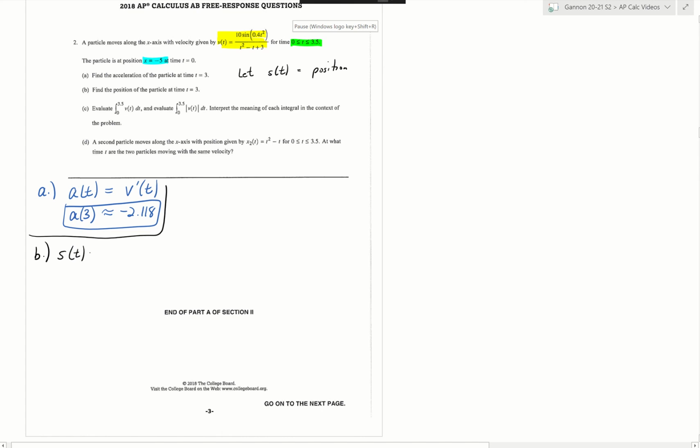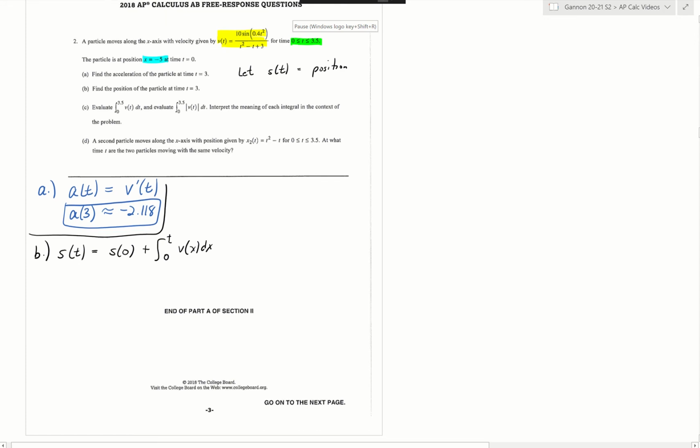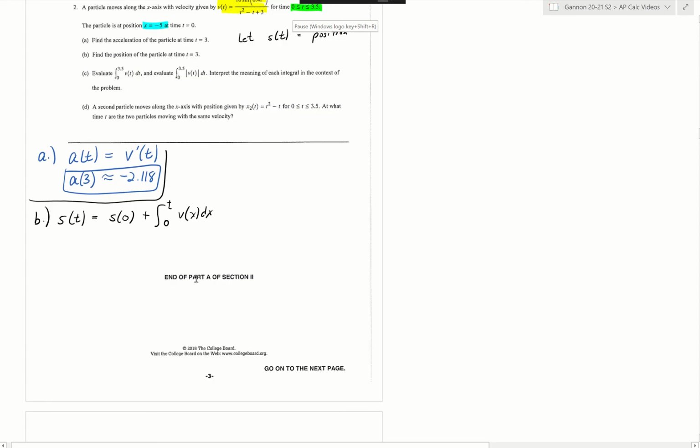So if I want to find S of t, that's going to equal S of 0 plus the integral from 0 to t of v of t, well, I guess it would be v of x dx. Now, that's what I'm looking for. We know the initial position was given as -5.